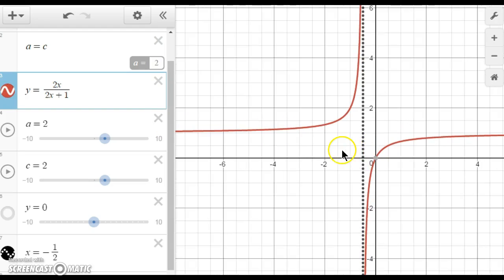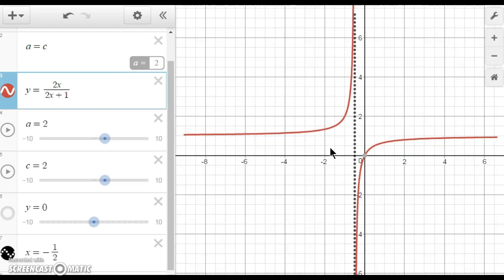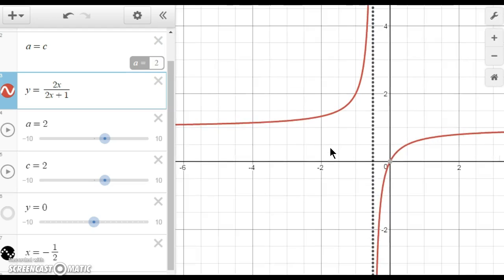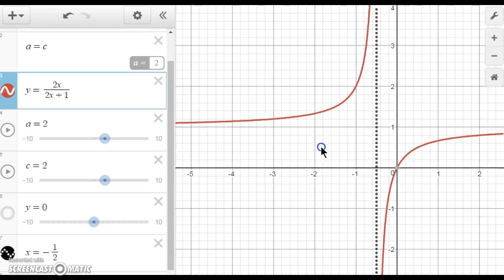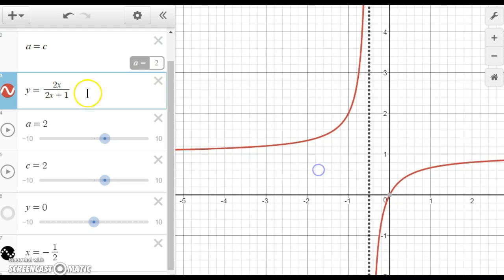This graph right here is the graph of my y equation, 2x over 2x plus 1. It seems like I have a horizontal asymptote over here, at 1.